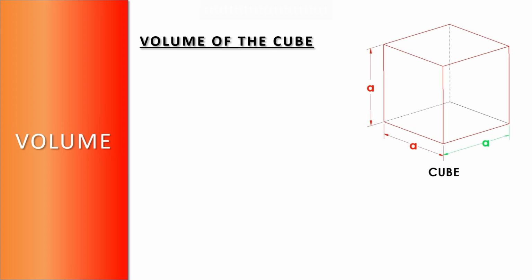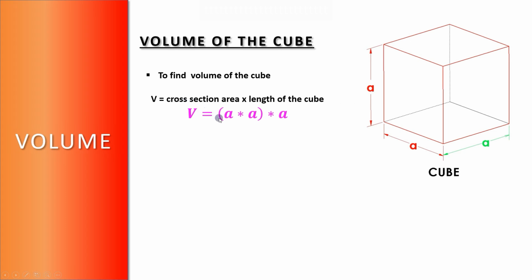A cube has all sides of equal length. To find the volume of the cube, we need to multiply length into width into height. So that is A into A. Here, in the bracket, that is the cross-section area, and here the length of the cube.